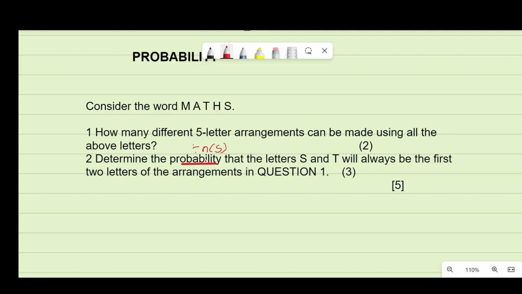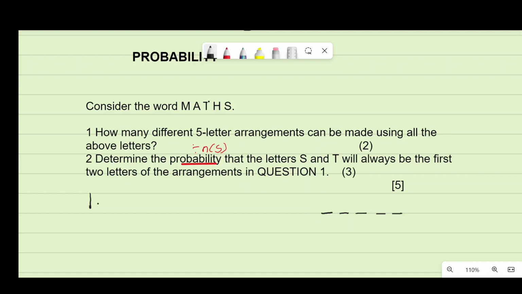Number 1, how many different 5-letter arrangements can be made using the above letters? So we know here you have 1, 2, 3, 4, 5 positions to fill. How do we fill the 5 positions with the 5 letters? There is no repetition here.